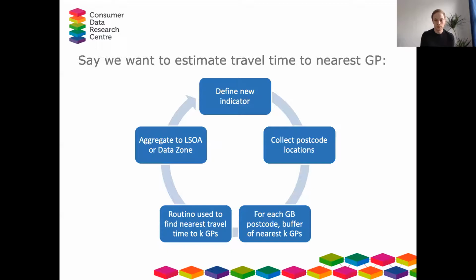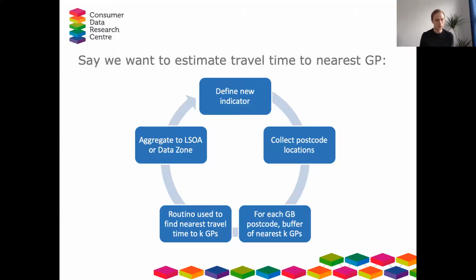We supplied Routino with the road network distances or public pavements as well from OpenStreetMap, which allows Routino then to calculate using a lot of information around speeds and mode of transport. In our case, we just use car travel time to work out the time and distance to a nearest set of other points, in our case, from postcodes of individuals to postcodes of GPs.